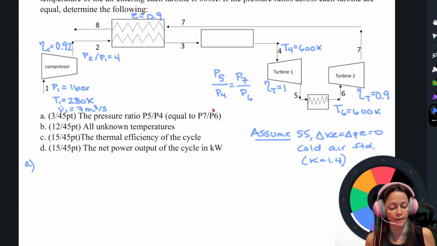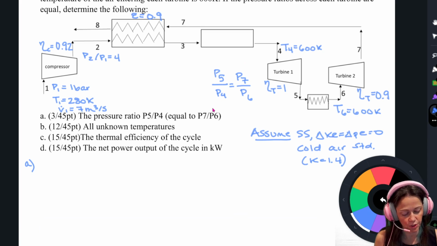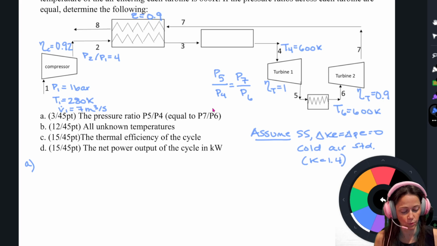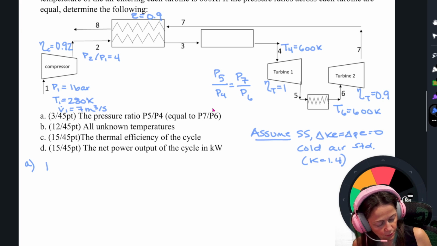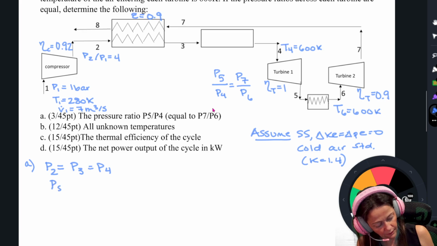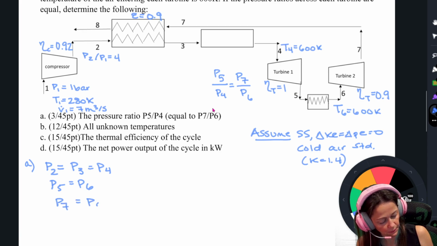All we know is that the pressure ratios P5 over P4 and P7 over P6 are equal. So we need to look through where all the pressures are equal. Across the heat exchangers, P2, P3, P4 are all equal. P5 and P6 are equal. And then coming out of the second turbine, P7 and P8.